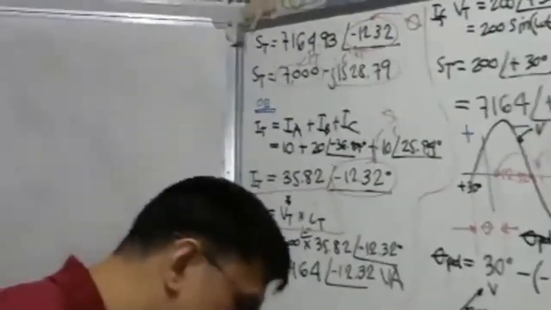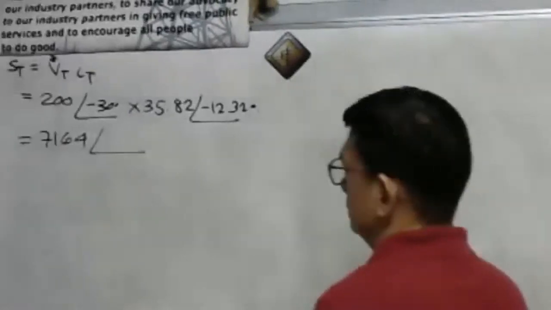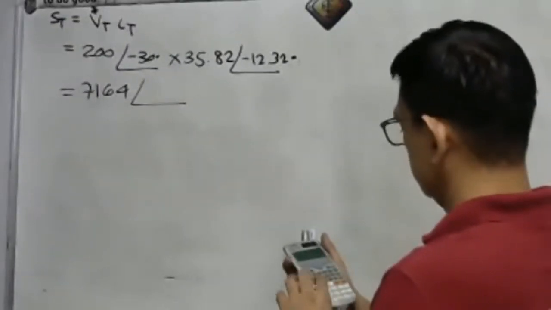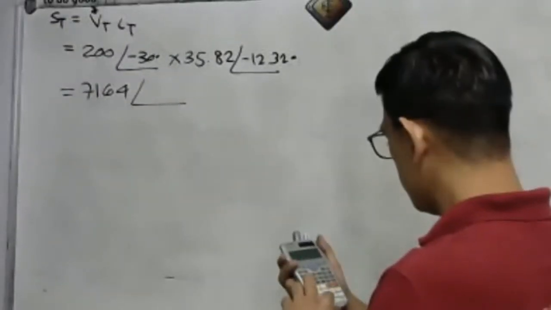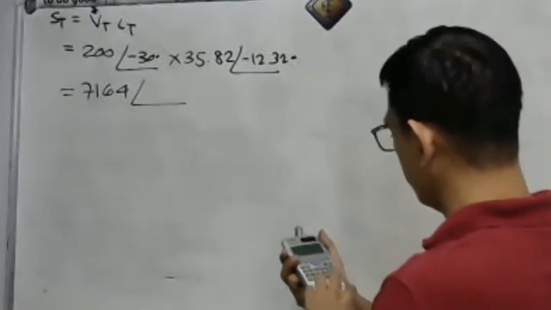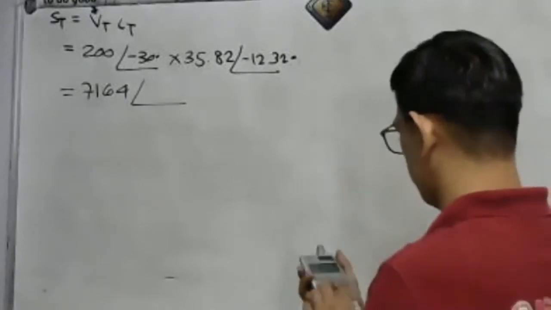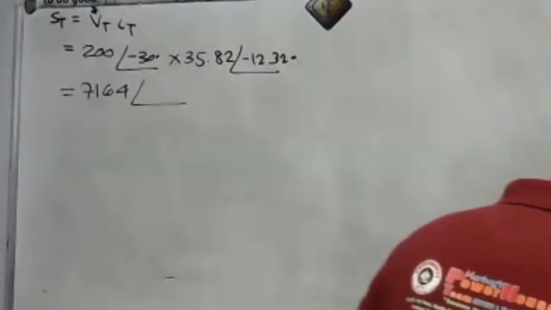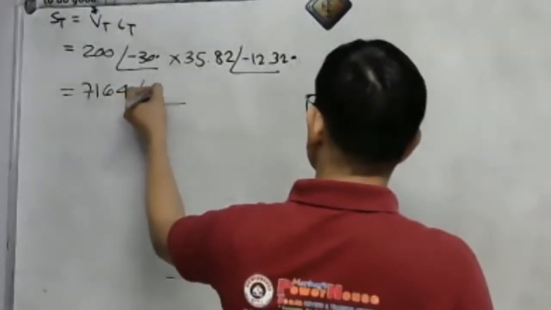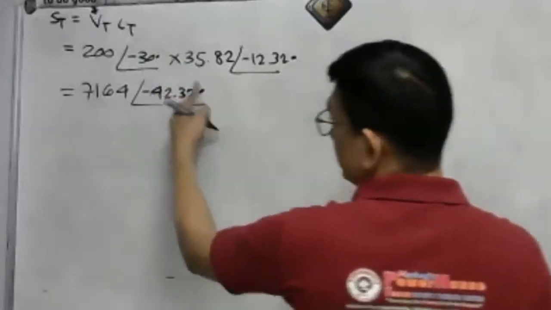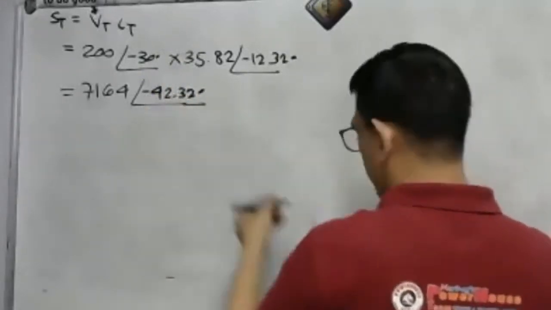What will be the angle here? That is negative 30 minus 12.32 equals, of course, negative 42.32 degrees.